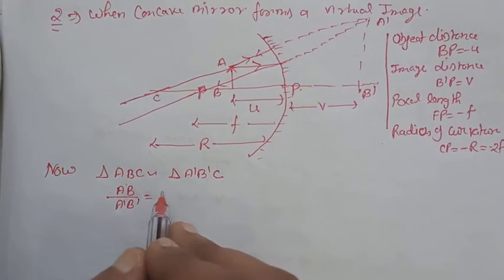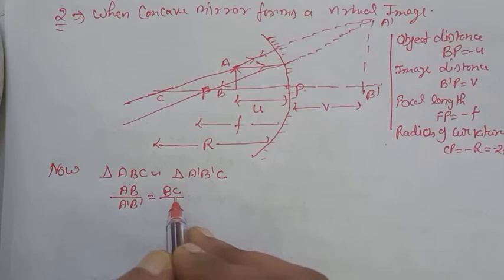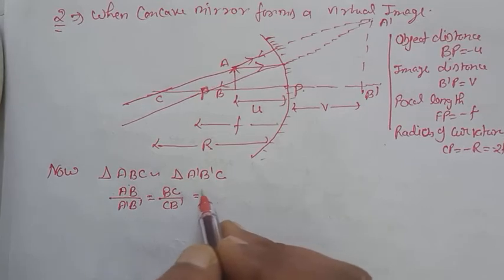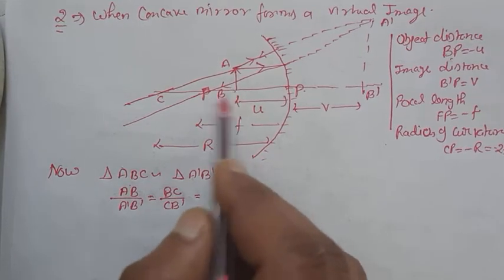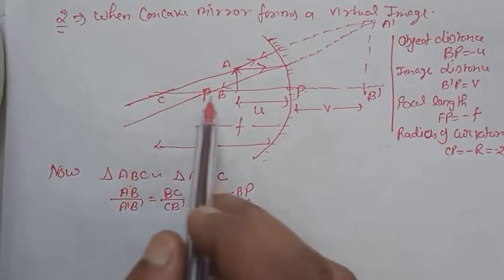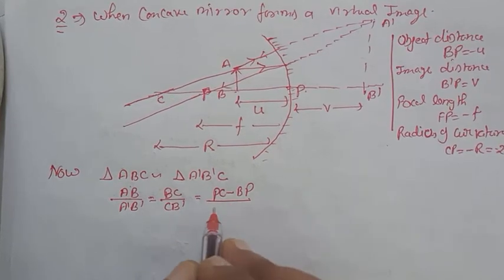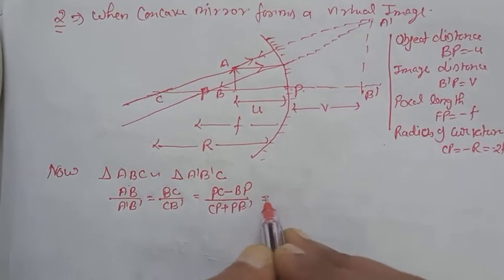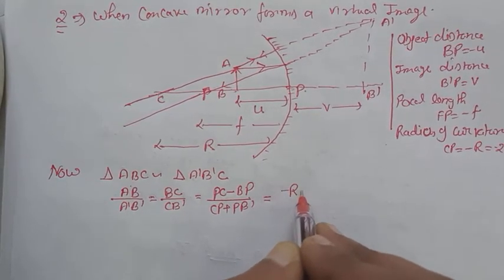In terms of ABC it is BC, and in terms of A dash B dash C it is represented by CB dash. Now BC is written as PC minus K BP, and C B dash can be written as CP plus B dash P. In terms of distances, BC is written as minus kr.